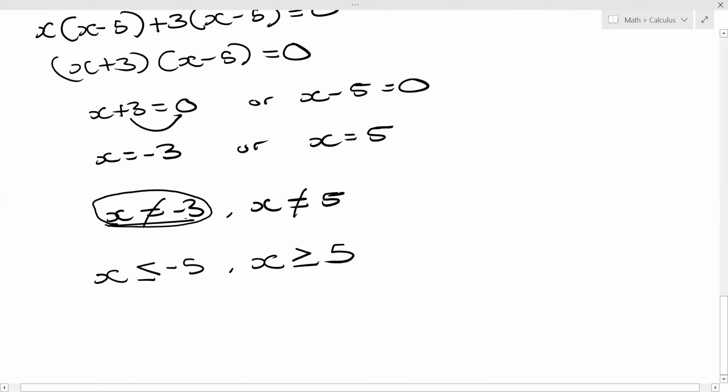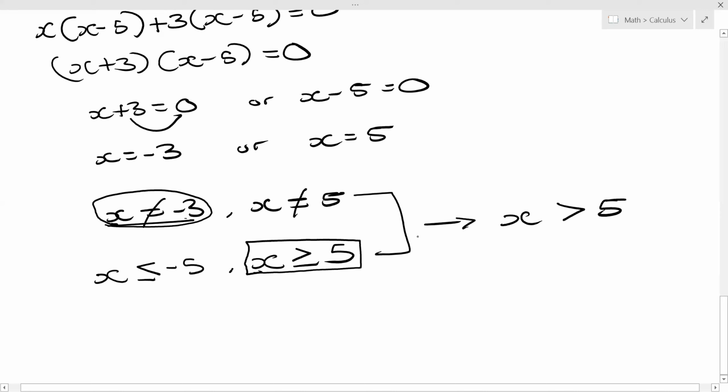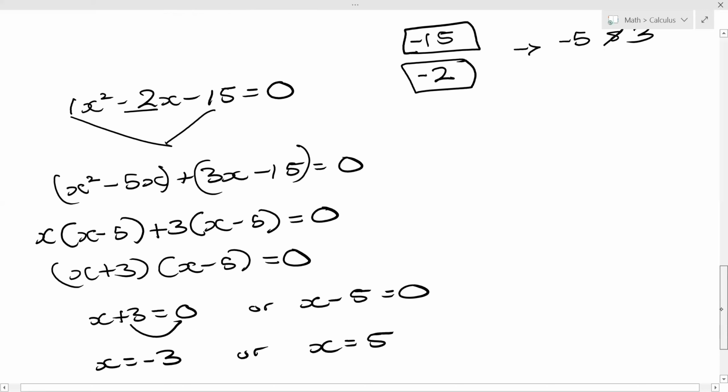Now x is not equal to 5. Now remember, we have where x is greater than or equal to 5. So if x cannot be equal to 5, it means that this now becomes x is greater than 5, because x cannot be 5 because of the denominator here, right?